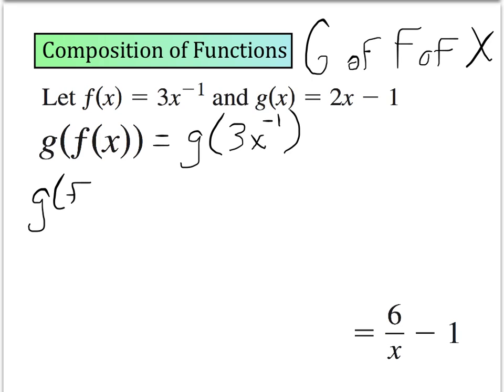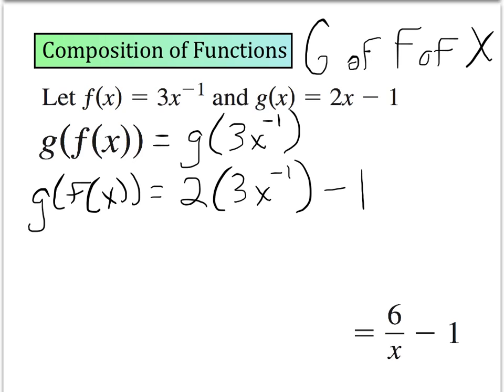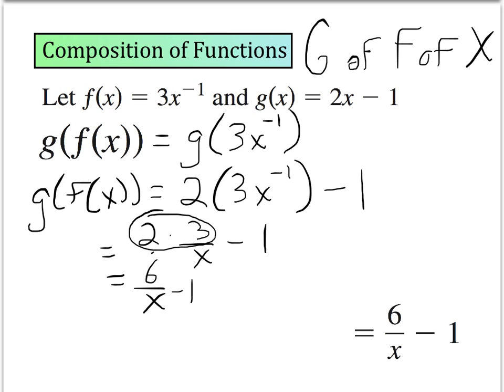So our g of f of x function is going to have the 2, but instead of the x we're going to have 3x to the negative 1 minus 1. Now when we simplify this we're going to have 2 times 3 over x minus 1. This 2 and this 3 will combine here, so it'll be 6 over x minus 1.